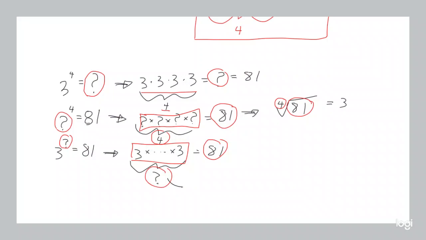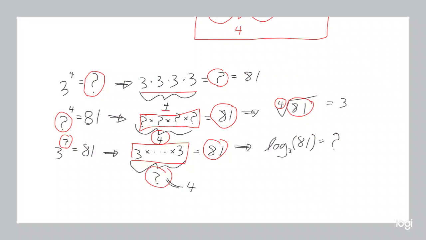Now, the answer, you've probably figured out, is 4, but how can we write that so the question mark is on its own? How you write that is something called a log. Log base 3 of 81 equals what?